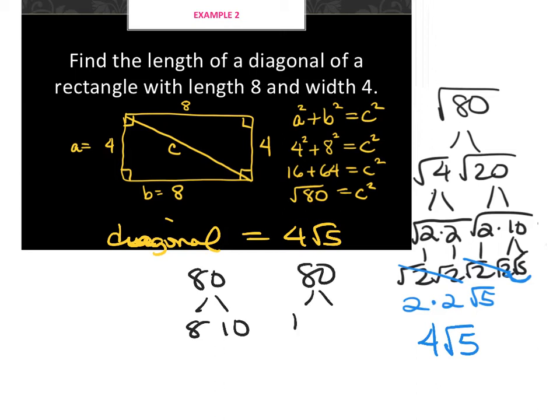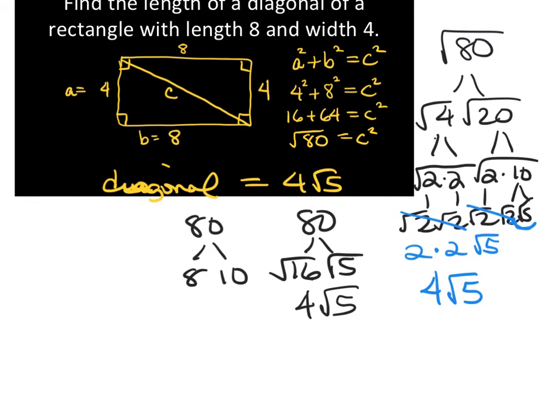Some of you might have realized that it was 16 times 5, and then if you realize 16 is a perfect square, you could square root it and then go right to the 5. It doesn't matter how you break down your radicals. Some of you are going to be really quick and find the largest perfect square and just square root it. Others of you are going to have to go nice and slowly and do 4 times 20 or 8 times 10.